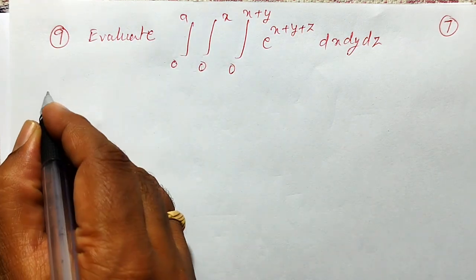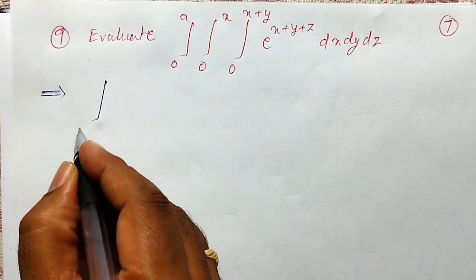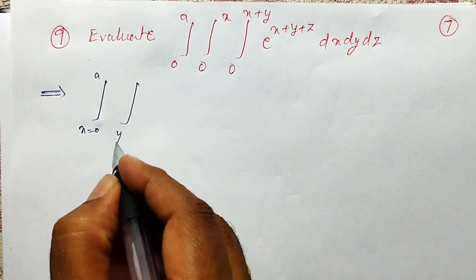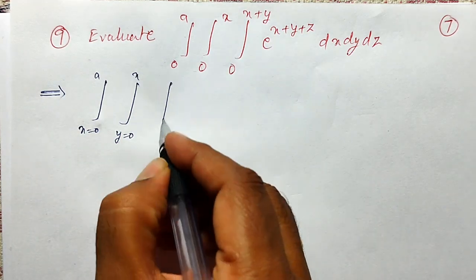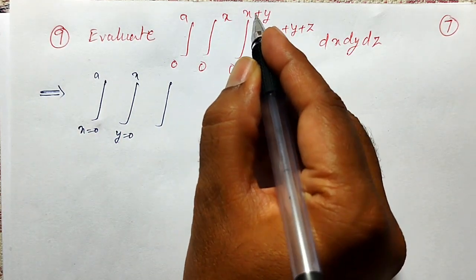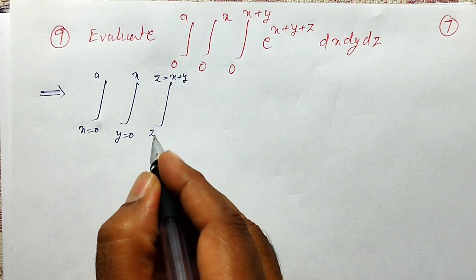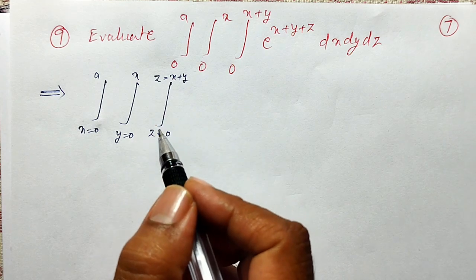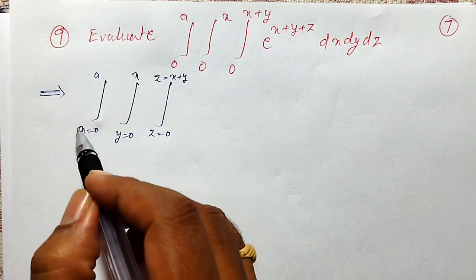I will rewrite the given example as integration from x equal to 0 to a, and the second one is from y equal to 0 to x, because here the limit is a function of x and y, therefore it must be z equal to x plus y, z equal to 0. Therefore first you have to integrate with respect to z, then with respect to y, then with respect to x.